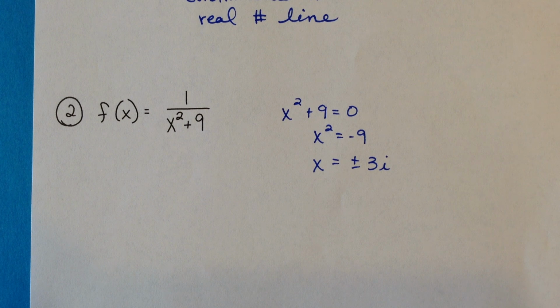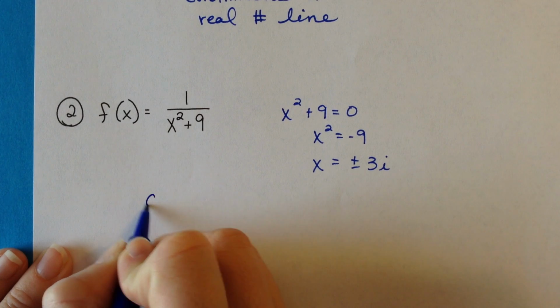So in this case, the only thing that's going to cause this to equal 0 is imaginary. You don't see that on your coordinate plane. So this one, you don't have any real numbers that are going to cause it to equal 0. So this one's going to be continuous.